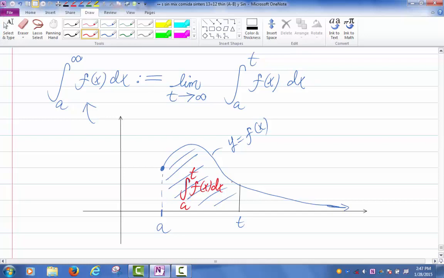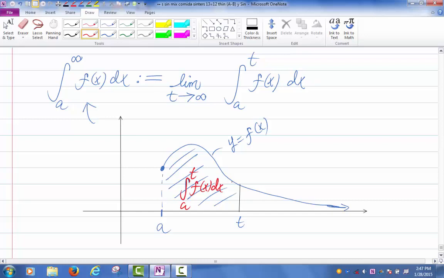Now what's happening as t goes to infinity? As t goes to infinity, the way I drew it, the curve is reaching the x-axis, but it doesn't touch the x-axis, okay? What is the value of the integral from a to infinity?